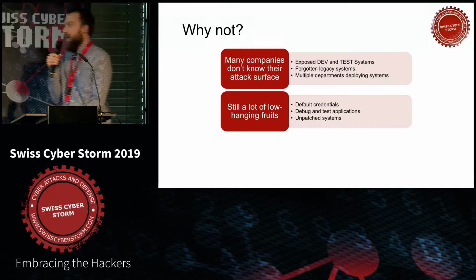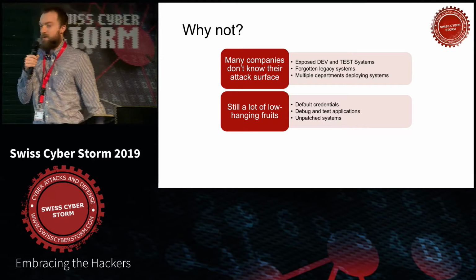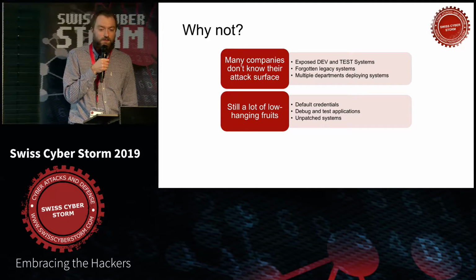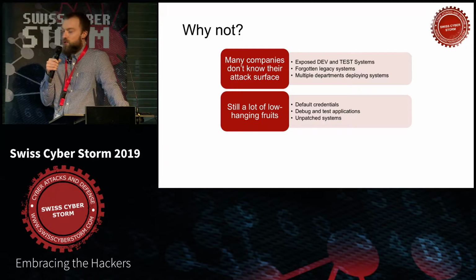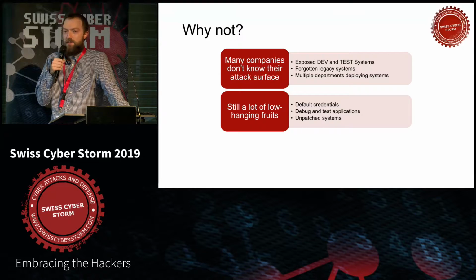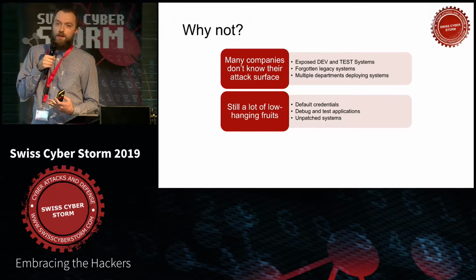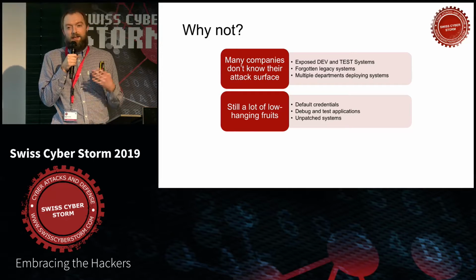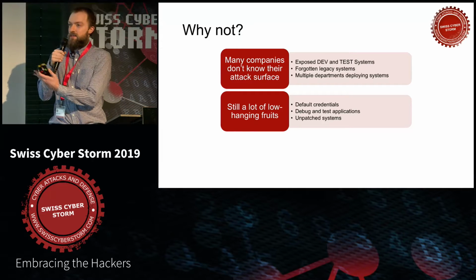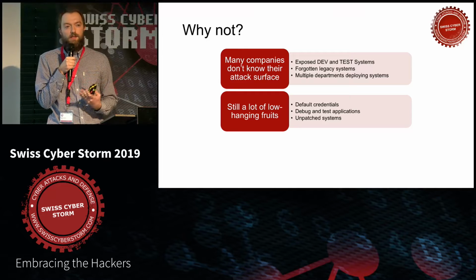So admin, admin password. We always find debug and test applications which shouldn't be there, or unpatched and forgotten systems. I think everybody who has worked in pen testing or application security at some point knows that this is normally how you get into a company network.